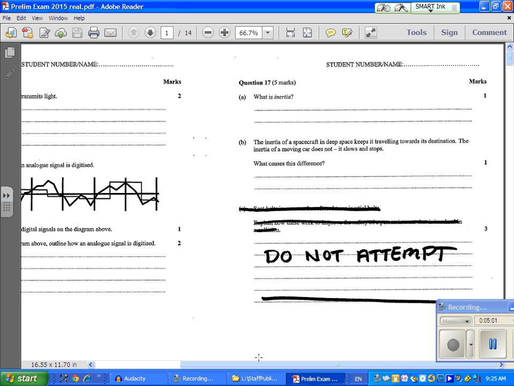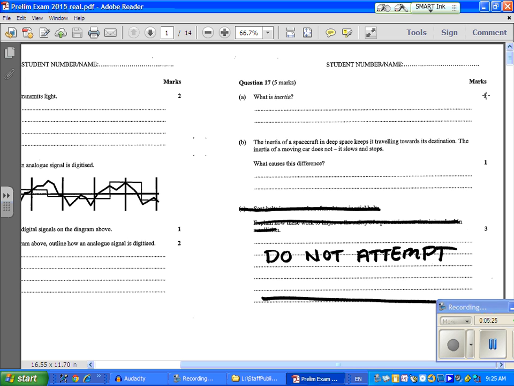Now, inertia, everyone got that pretty much right in question 17, part B. But you notice the 1 mark there. The thing about 1 mark questions is that they are easy. You actually only have to get a very small part of the whole thing right to get the whole mark.